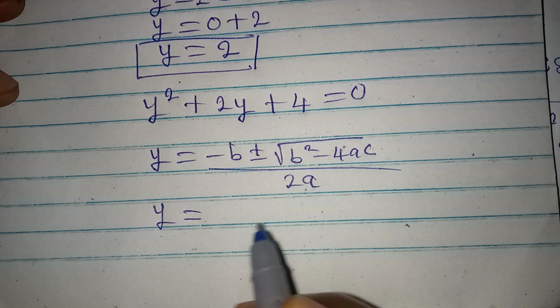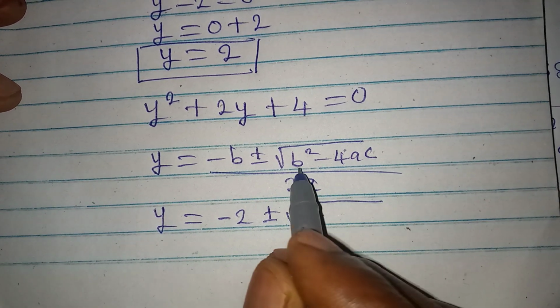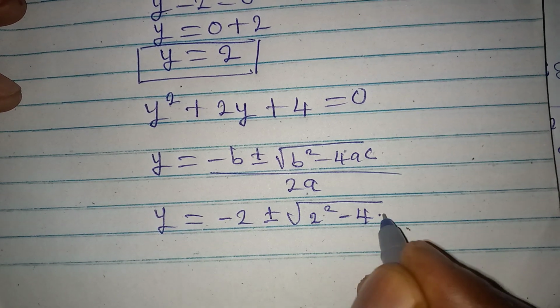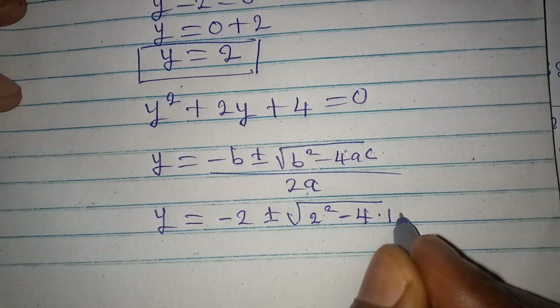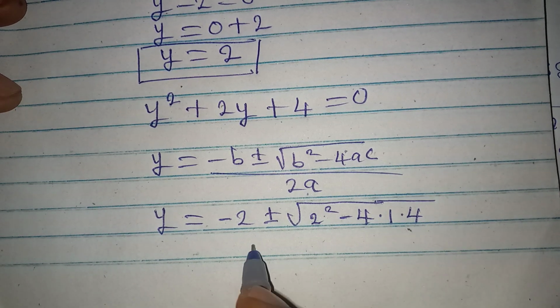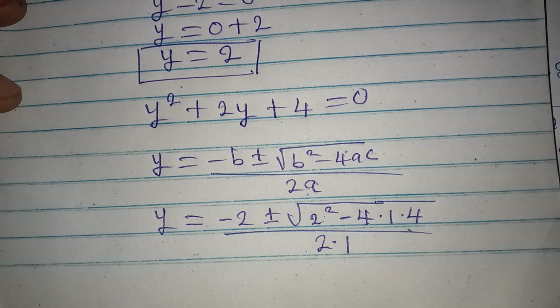So y now will be minus 2 plus or minus square root of b squared, which will be 2 squared, minus 4 times a, which is 1, then times c, which is 4. And the whole of this will be over 2 times 1, right? Because a is 1. Now let us continue.